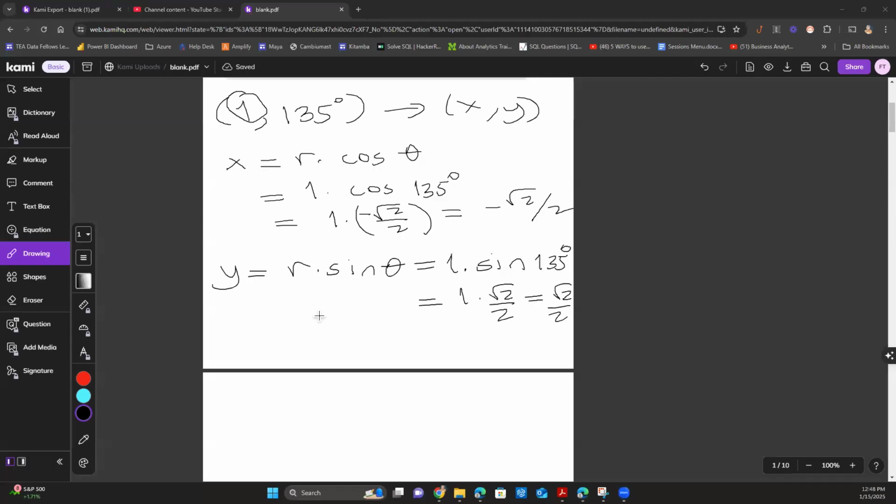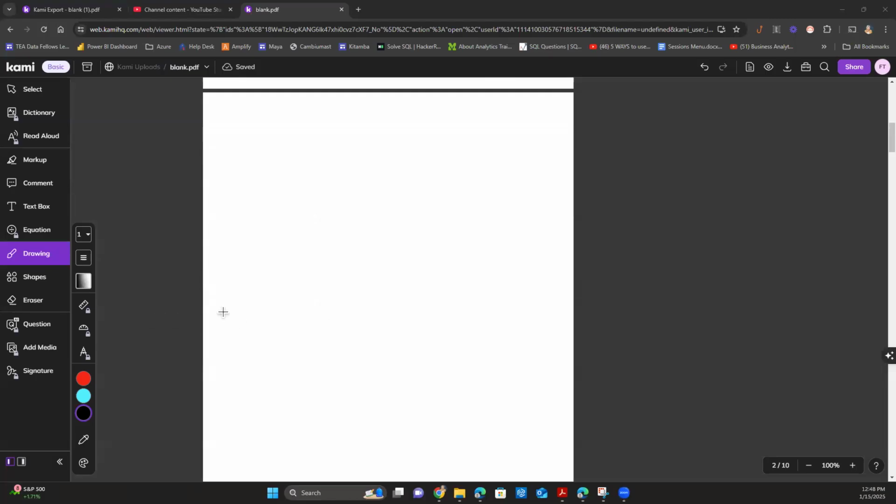So therefore, I am going to share my paper again to show the work for how I perform the conversion. So my polar coordinate is negative 3 comma 45 degrees. And then we want to convert this to the rectangular coordinate system.